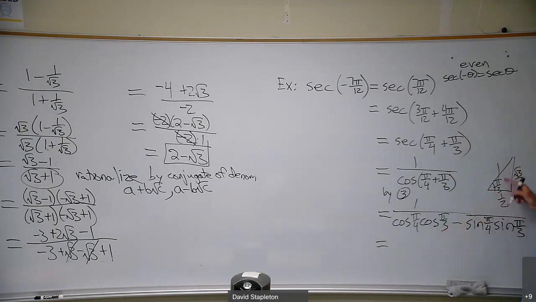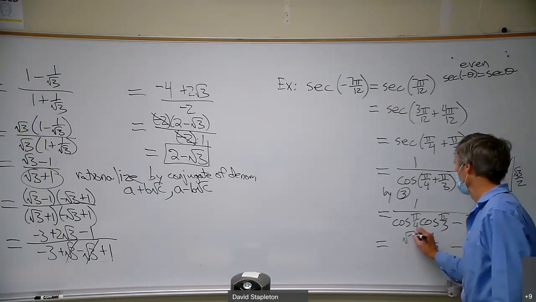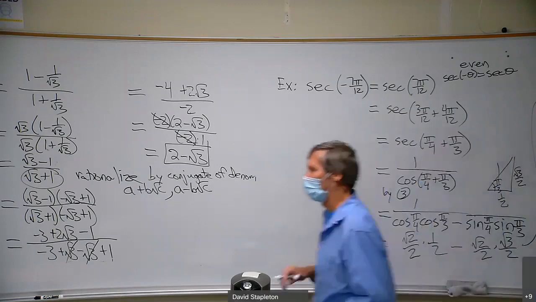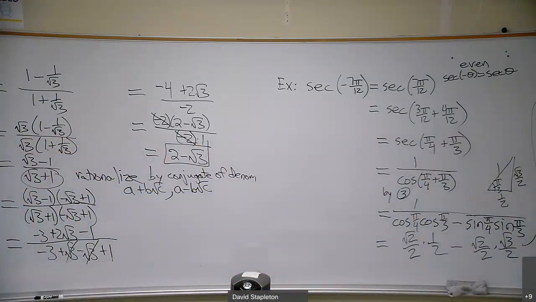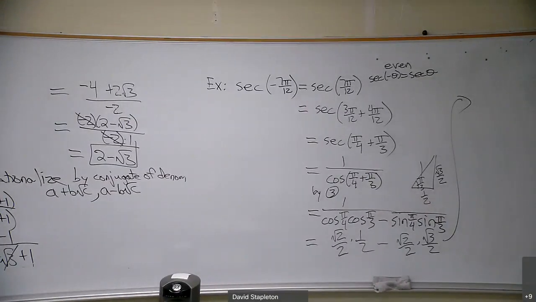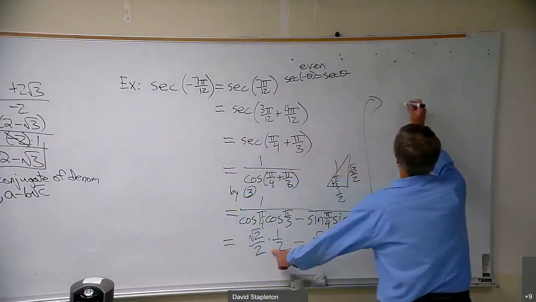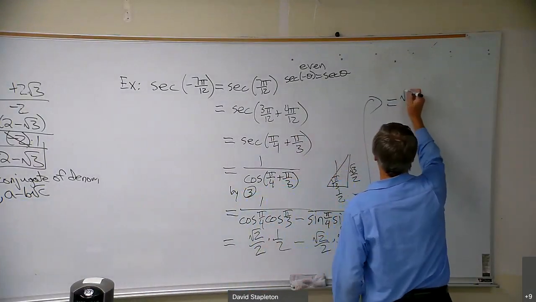So its cosine is 1/2. And its sine, this opposite over adjacent, is square root 3 over 2. We recall the sine and cosine of pi over 4 is square root 2 over 2. And since they're over a common denominator, this is square root 2 over 4.